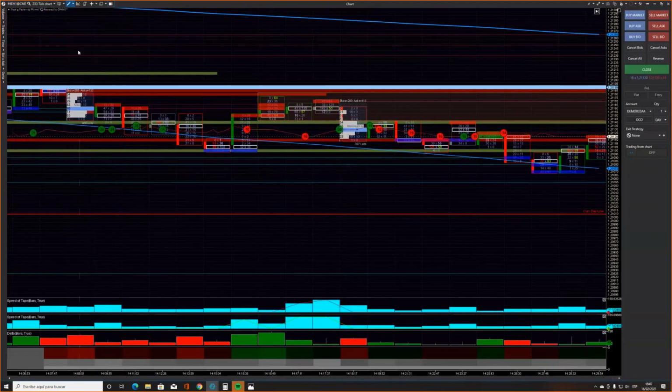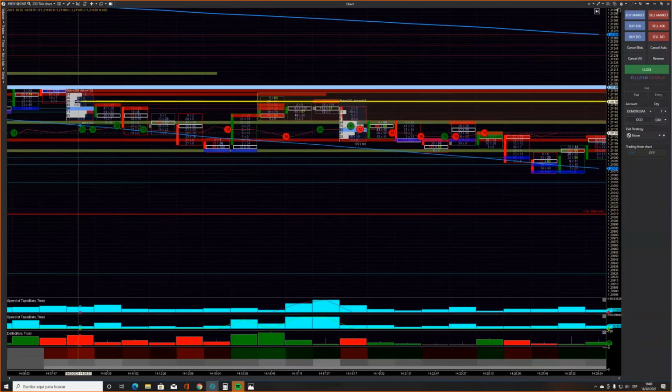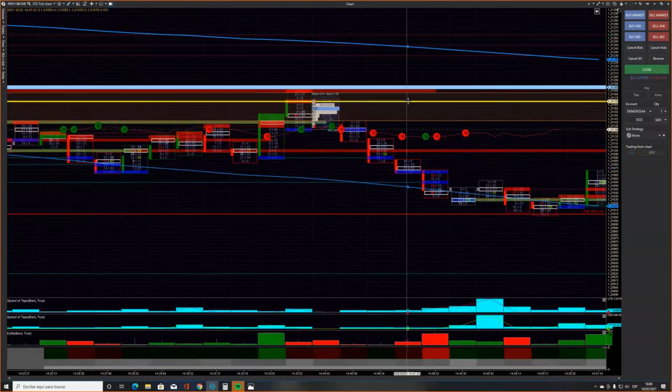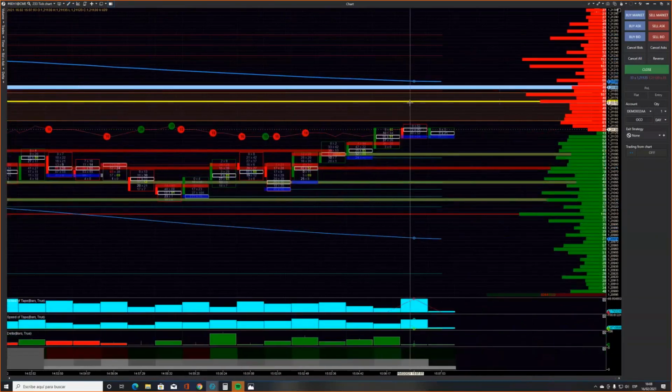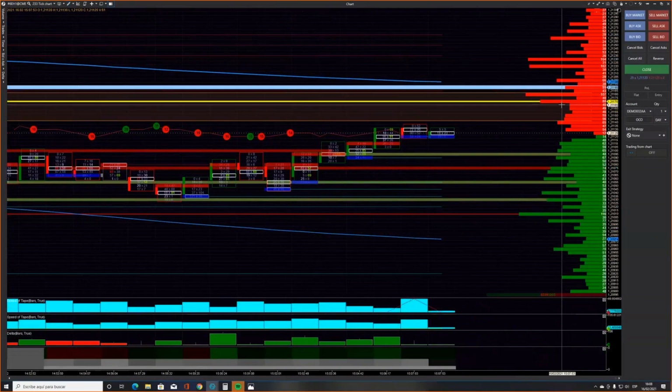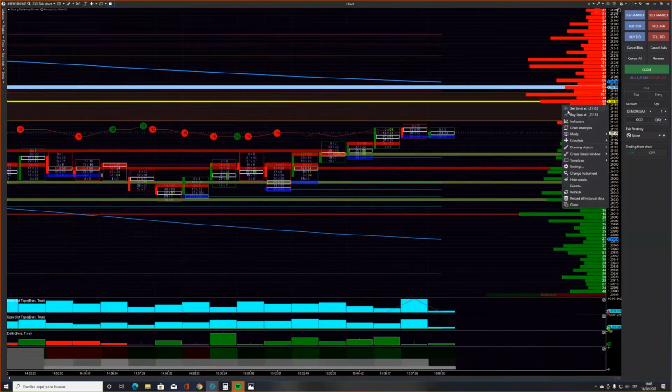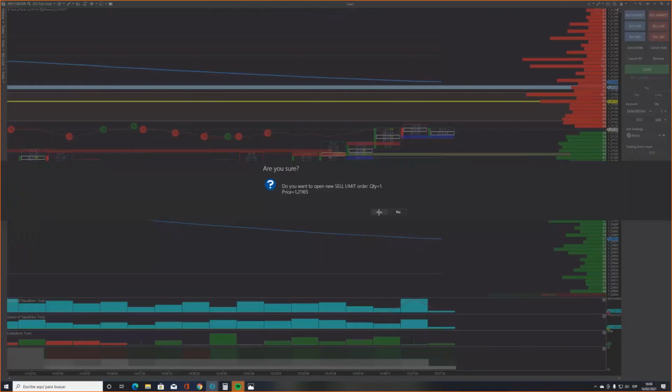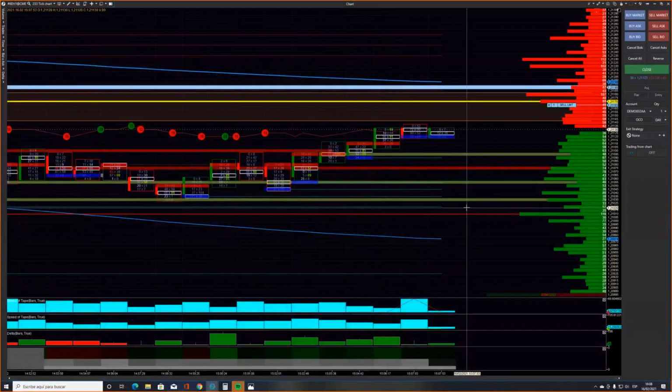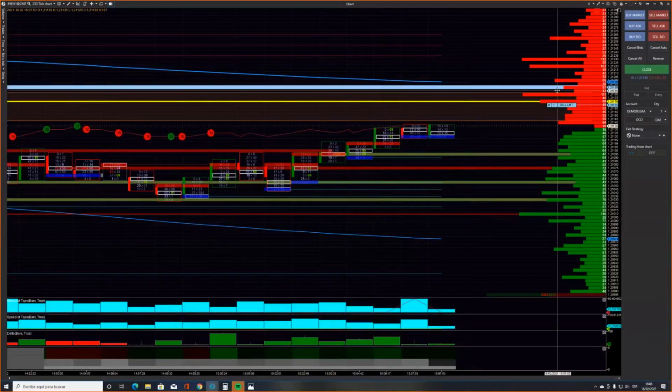Let's say I like this one. You can see how it goes through, and the liquidity is a little bit above it. So I will put my sell limit right there. I'll put one order just for example, and I will wait for the price to reach my pending order.